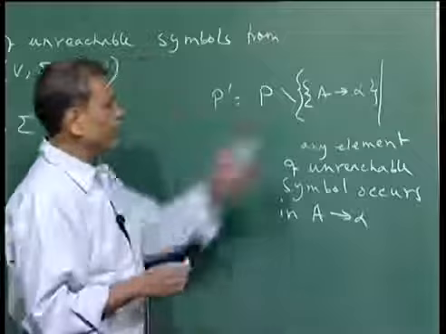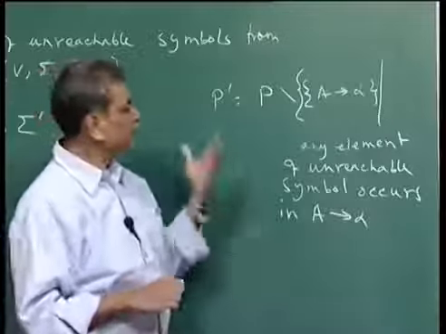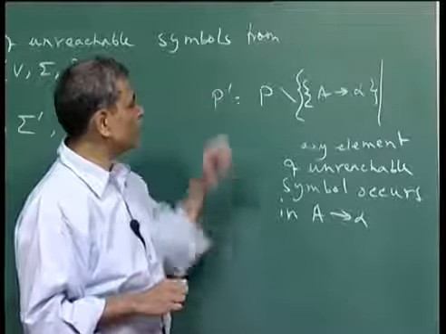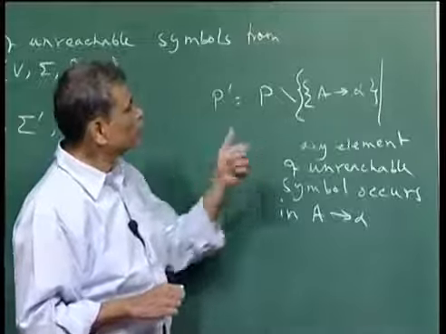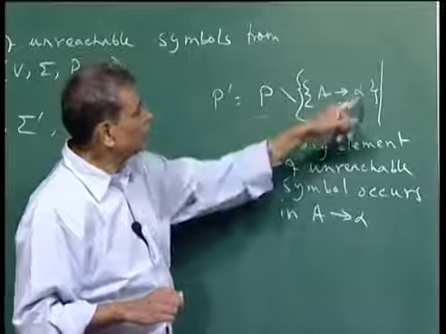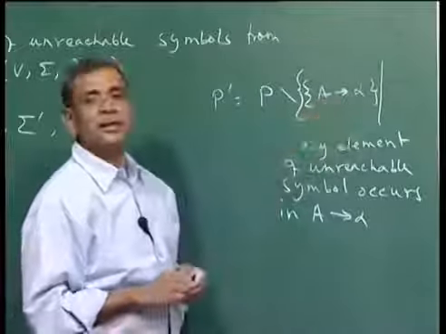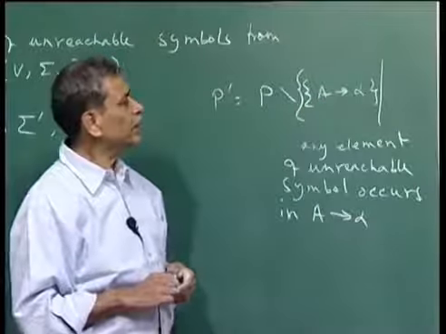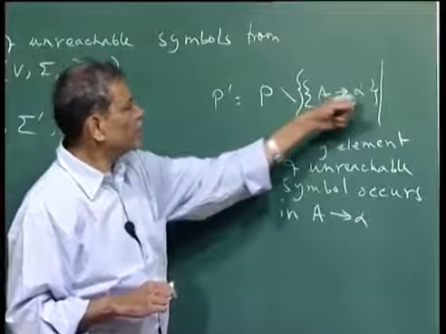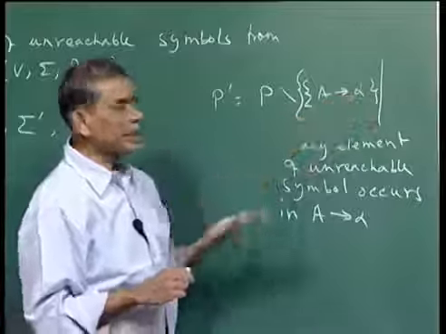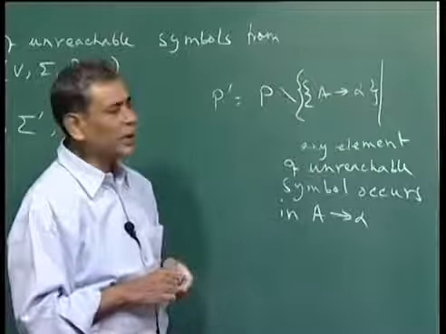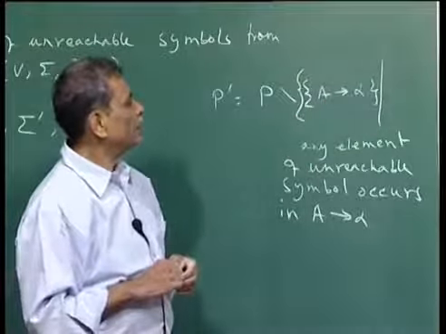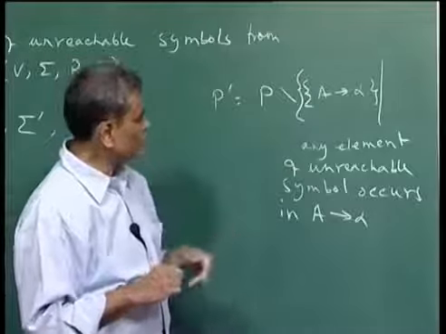It can be that A itself is unreachable. So, in that case, of course, we must remove that production from P. Also, it could be that one of the right hand side symbols of this production, one of the elements of alpha, is unreachable. Then again, there is no point keeping this production.